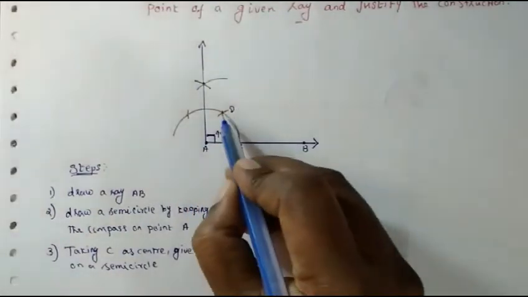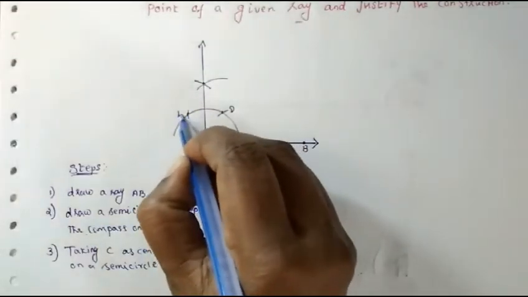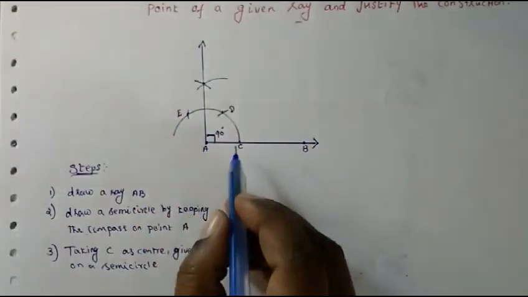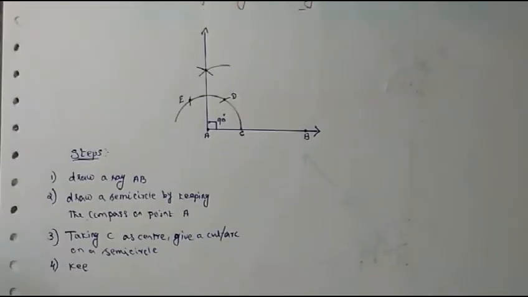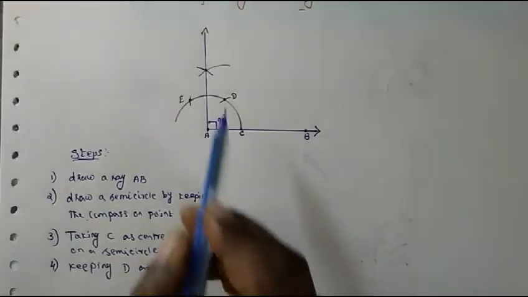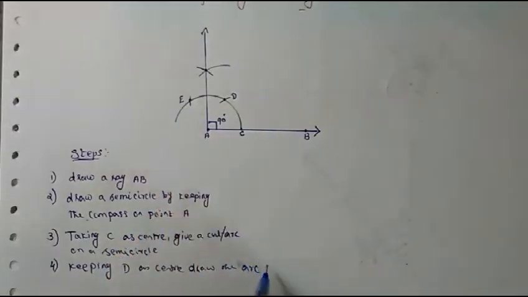Now keeping the compass on D, we have given another cut. You can give this as E. Now keeping D as center, draw the arc. Keeping D as a center, we have drawn another arc, or you can say intersect the semicircle.